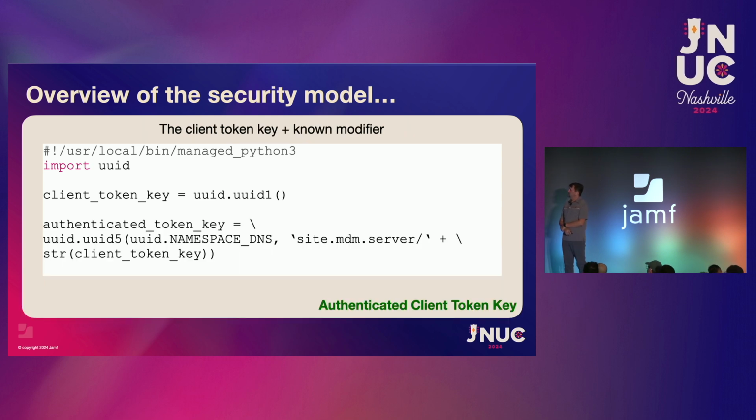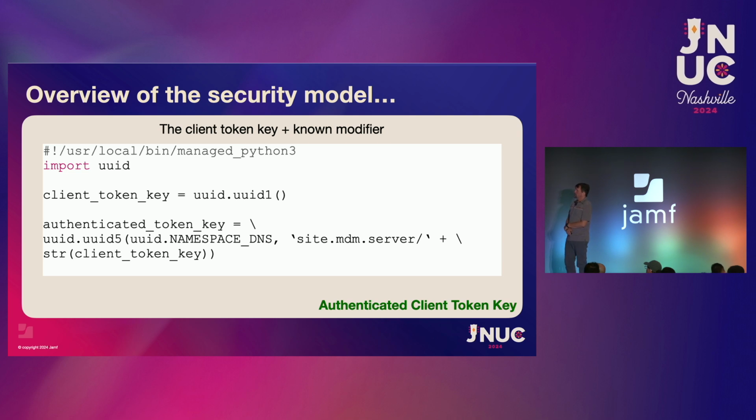The authenticated client token takes the first one and applies a namespace DNS to it and effectively changes it, but that gives you a way to verify that the token is yours.